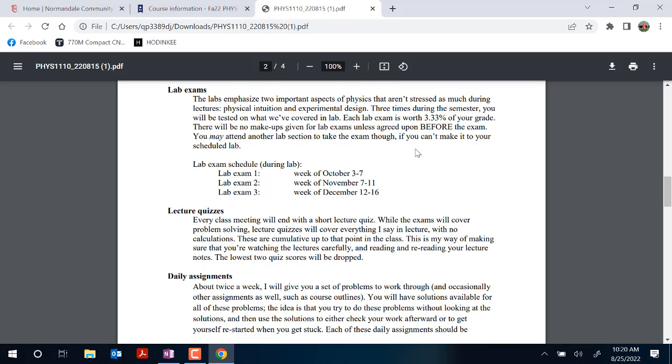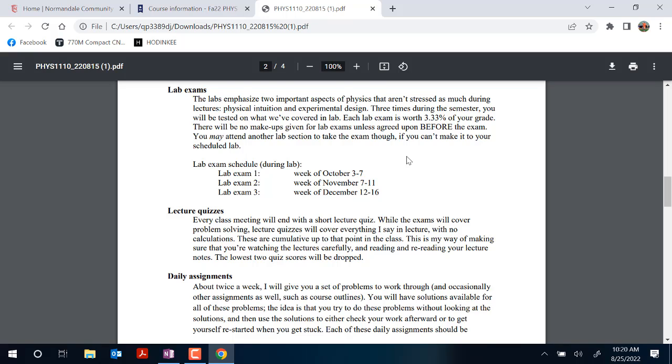It tells you the dates of these things. If you can't make it to one of those, you need to talk to me beforehand. Otherwise, if you don't talk to me beforehand and you miss it, it's going to be a 0, which isn't a huge disaster because those aren't worth a ton, but it's better not to have that happen.